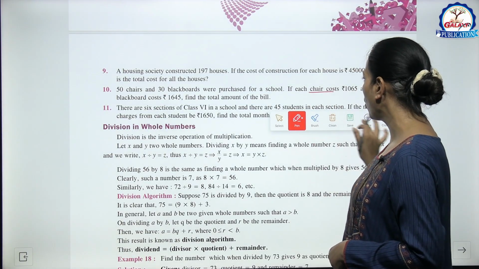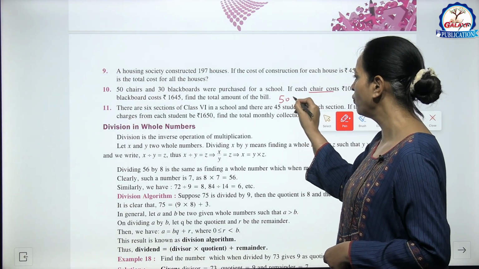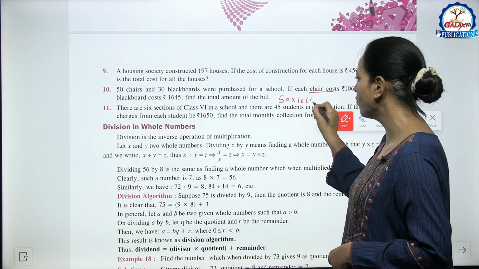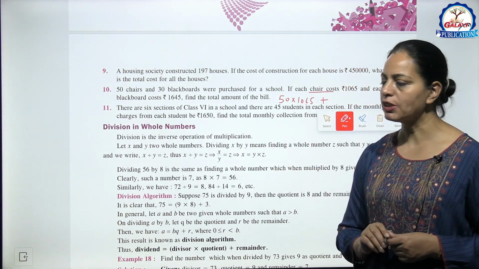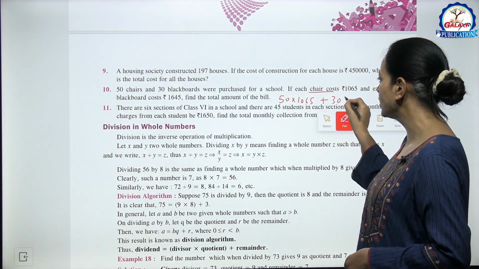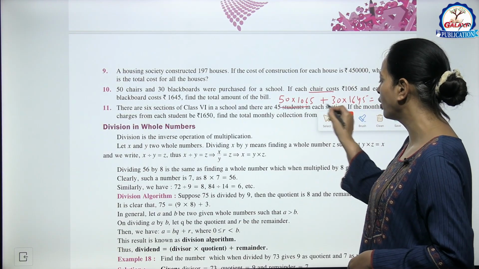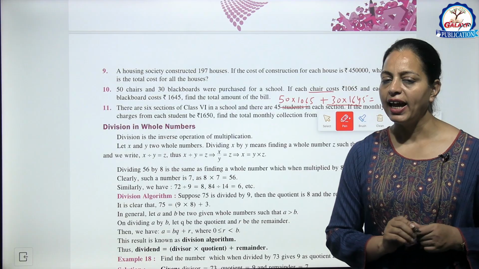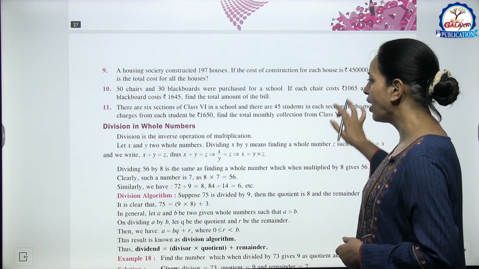Here one chair costs rupees 1065, so 50 chairs, 50 into 1065 plus, and one blackboard costs rupees 1645, so 30 blackboards, 30 into 1645. Calculate this and then add these two values, you will get the answer.